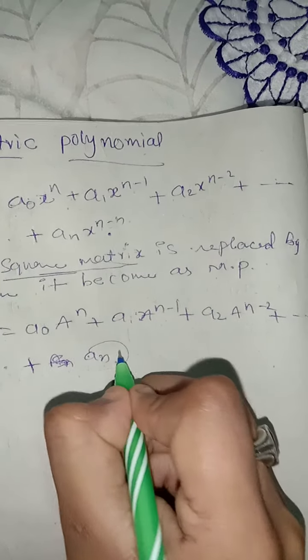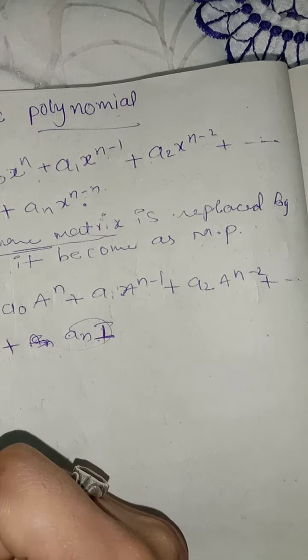So what can we write here? I. What is I? Identity matrix.